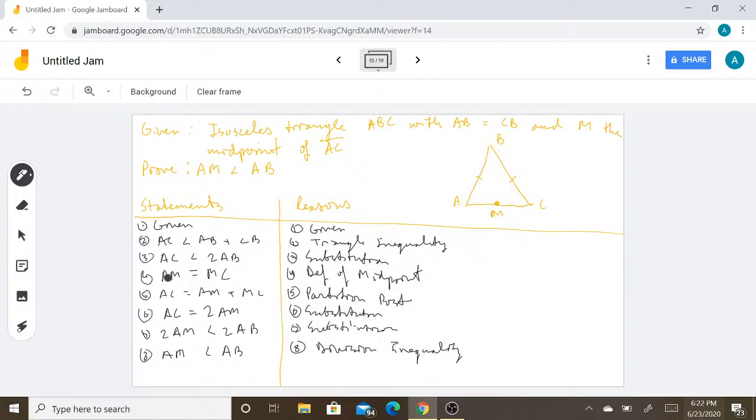So basically, what we did was divide by a positive number on both sides. And if you remember, dividing unequal quantities with a positive equal quantity does not change the order of the inequality. So AM is less than AB, and that's the final proof.